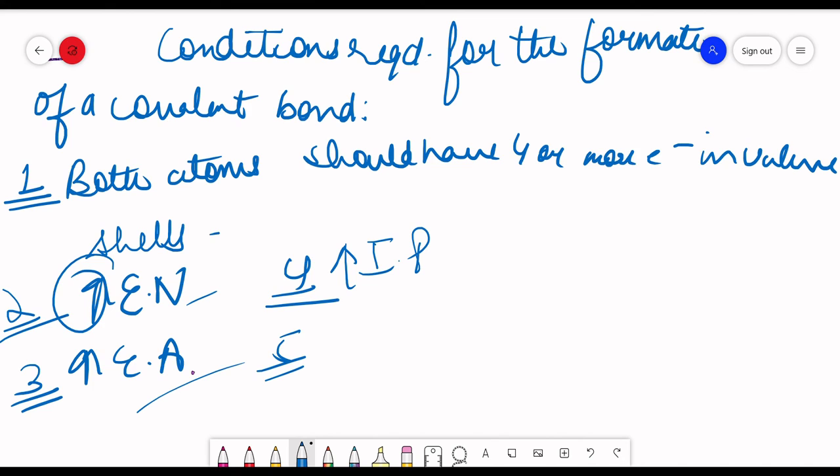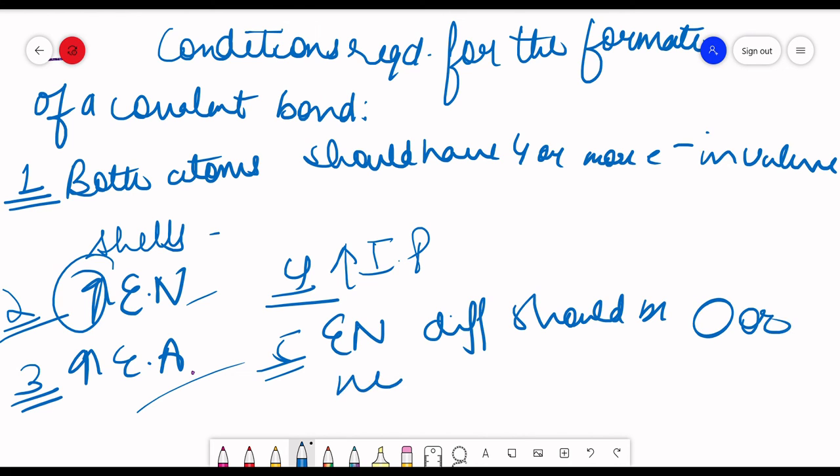Fifth is that the electronegativity difference between the combining atoms should be 0 or negligible. Correct, students? I hope this is clear to you.